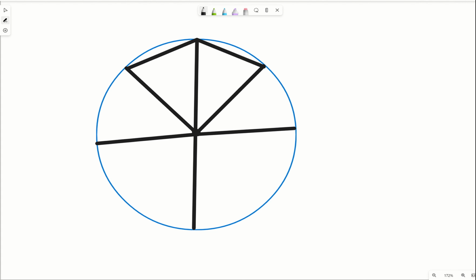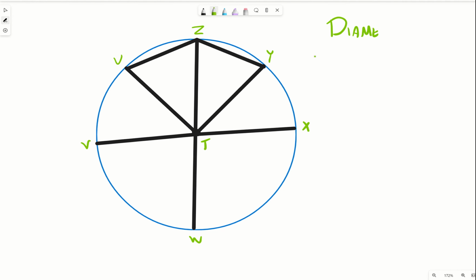There we go. We'll do one of these, and then let's name these points. Z, Y, X, W, V, U, T. All right, now, if I want a diameter. Actually, no, we're not going to do that.